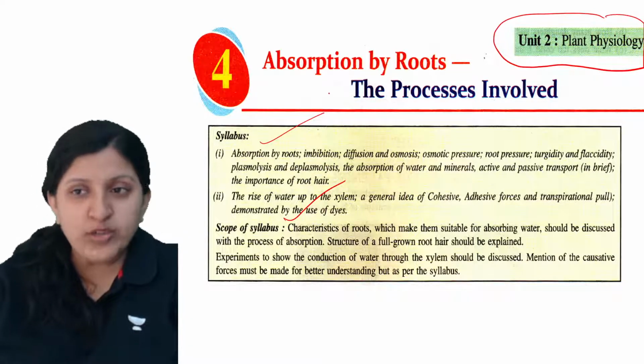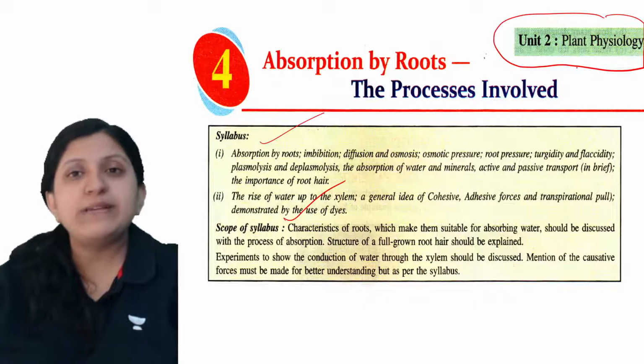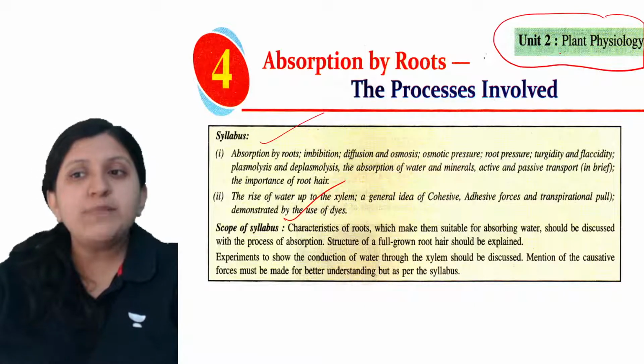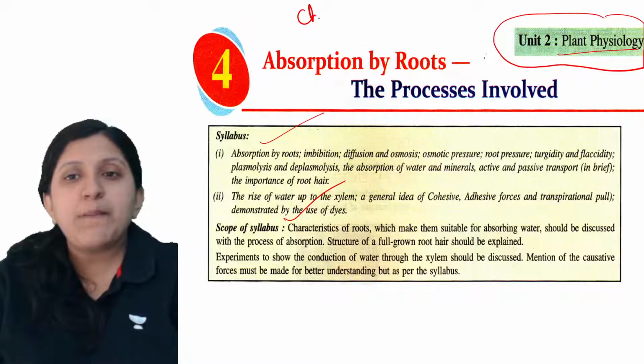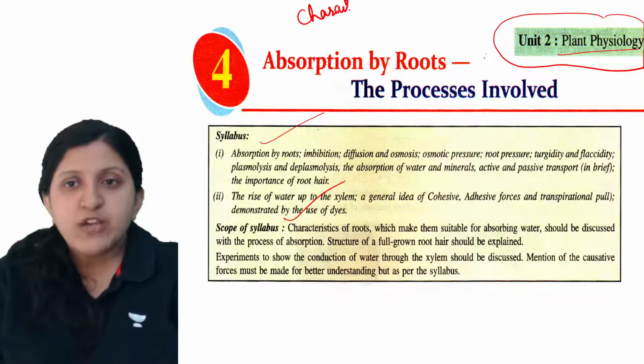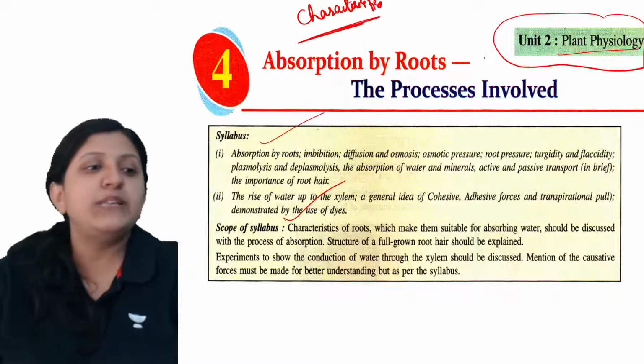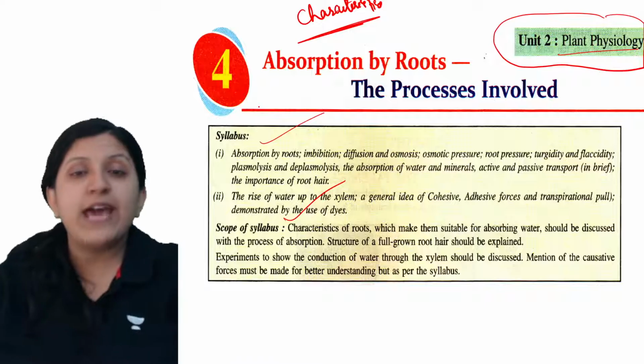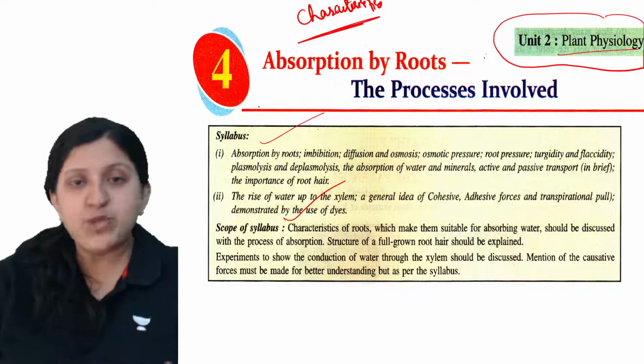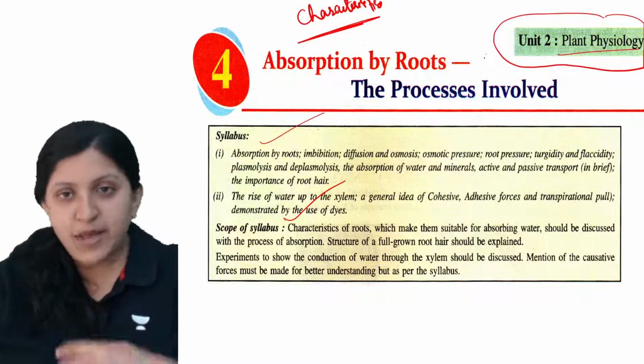All these are important processes that you will study in detail under plant physiology. But in today's class, I'll be discussing the characteristics of root hair, like what exactly should be the nature of this root hair for proper absorption of water and minerals. Okay, so let's have a look at this.